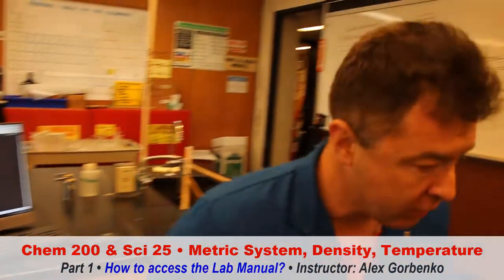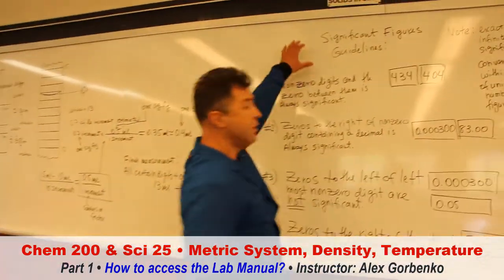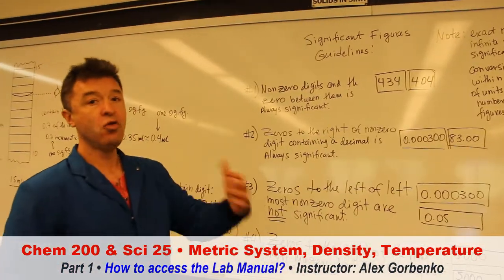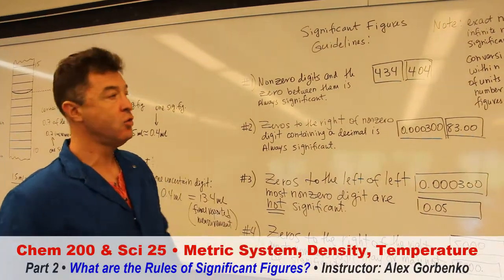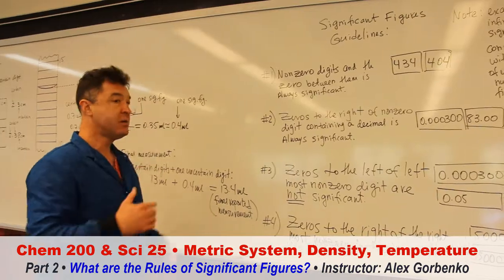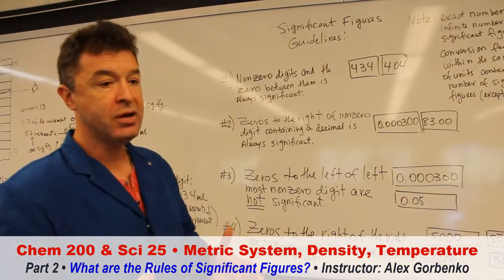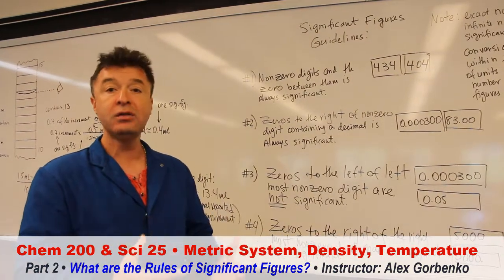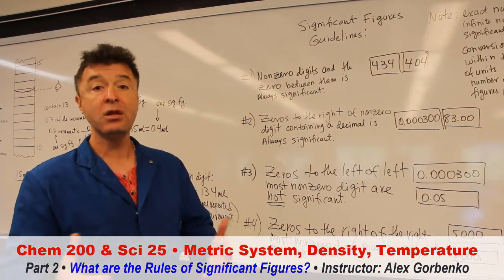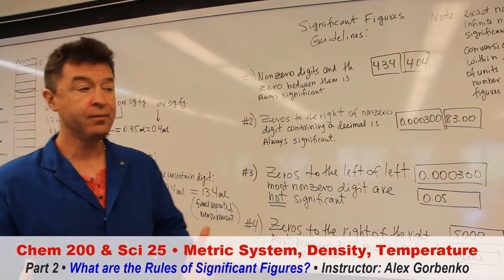What I want to do now, guys, is go over the rules of significant figures, or guidelines is also the term to use here. Why do you need to know the rules of significant figures? The reason is very simple: you want to know the certainty and the uncertainty in the measured value, or the measured number.